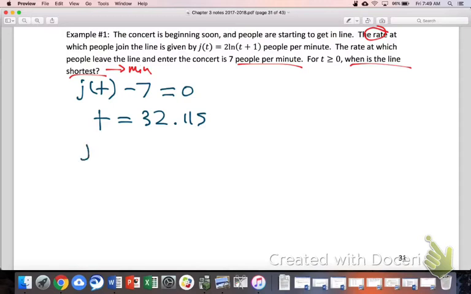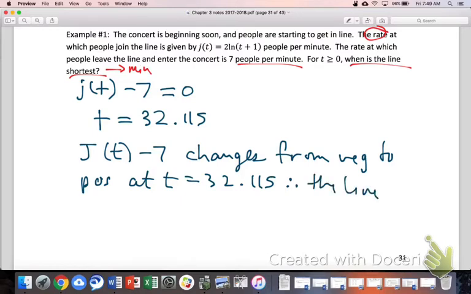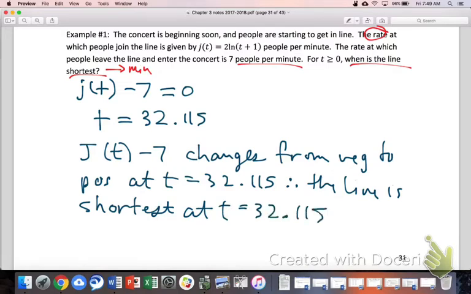J of t minus 7 changes from negative to positive at t equals 32.115. Therefore, the line is shortest then. And you're done. That make sense?